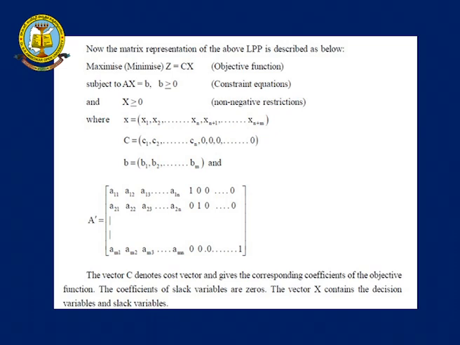M constraints, n unknown variables. And at the end, I am again adding the columns 100, 010, 001, like that up to 001. These are the coefficients of the introduced variables, either slack or surplus variables.